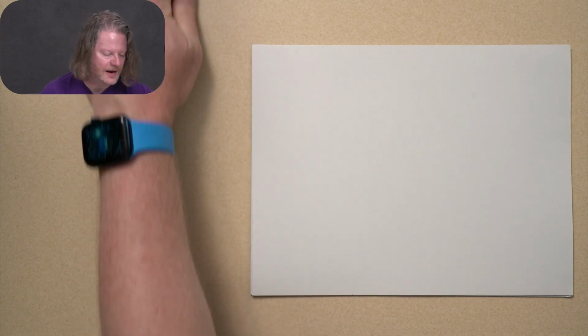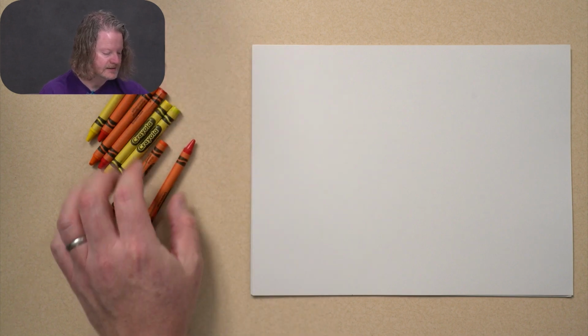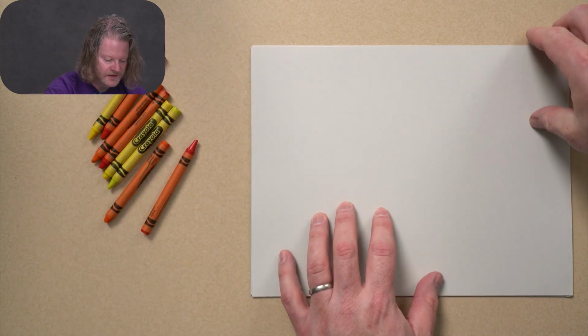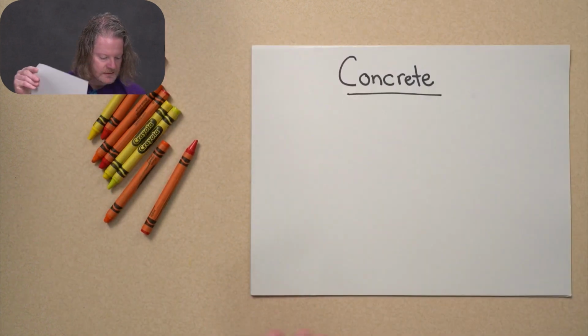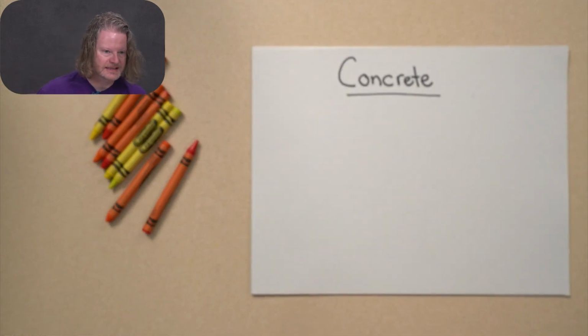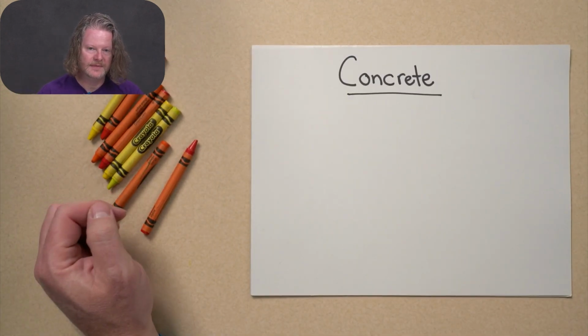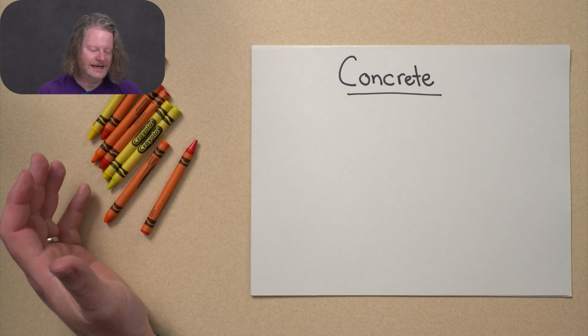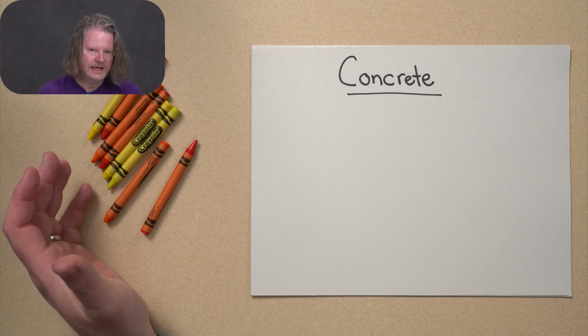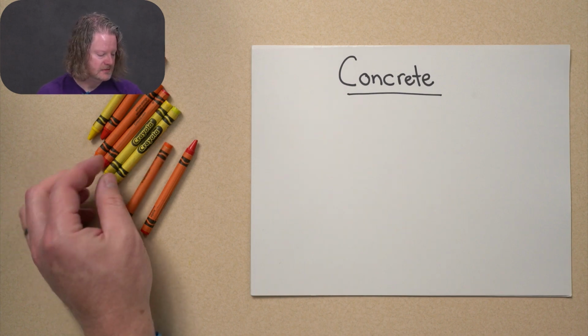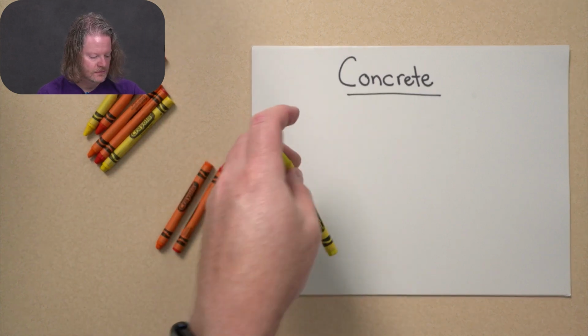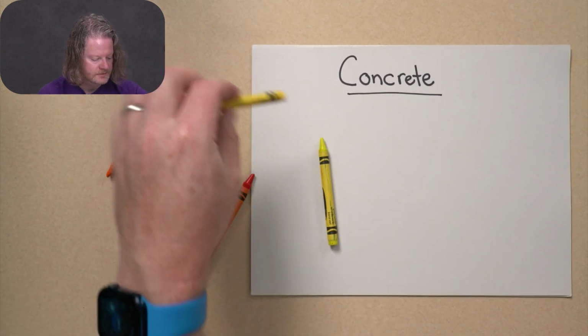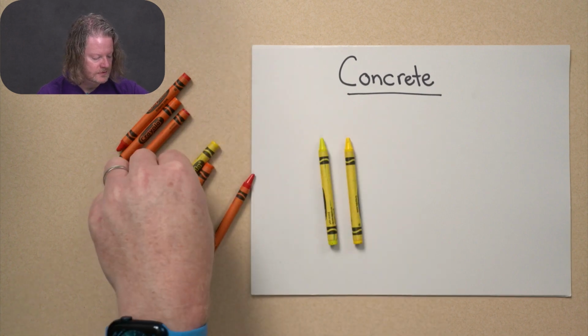So I'm going to start out with a problem using crayons. Now I'm going to start out with the concrete representation of my word problem. And my problem is Ryan had 3 yellow crayons. 1, 2, 3.